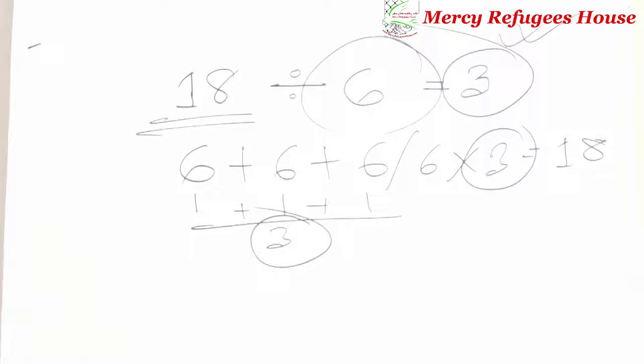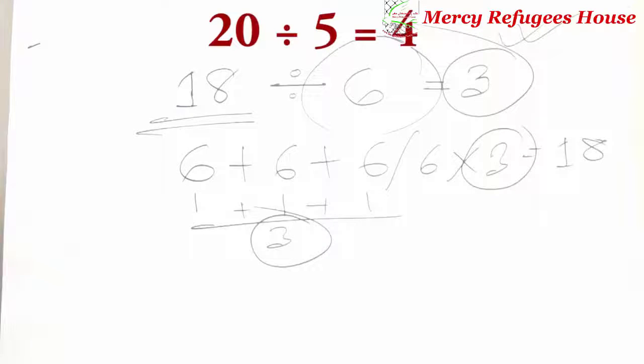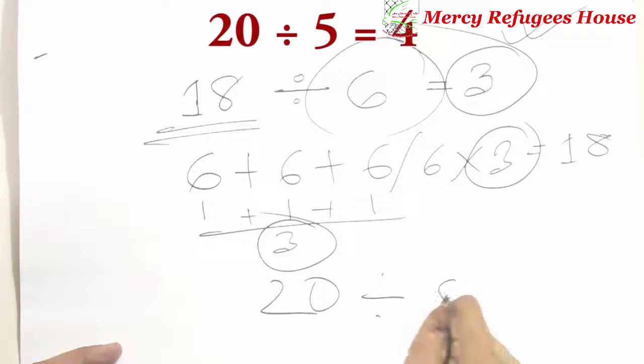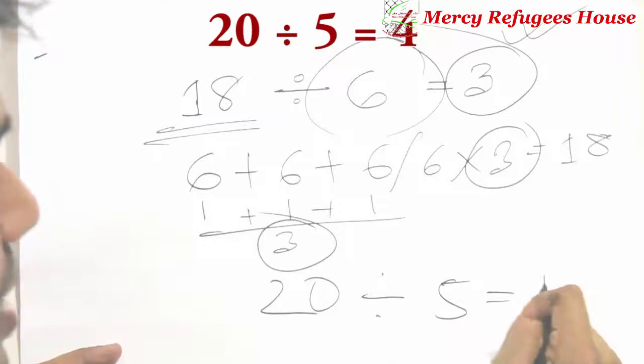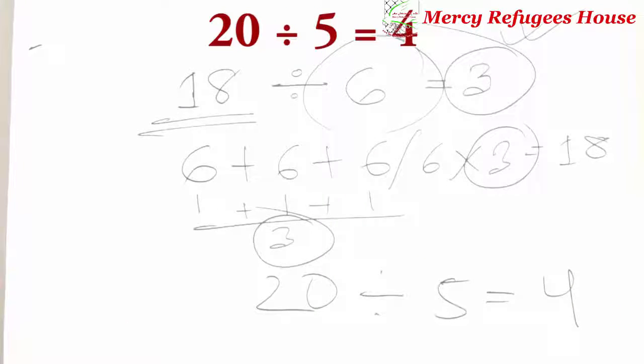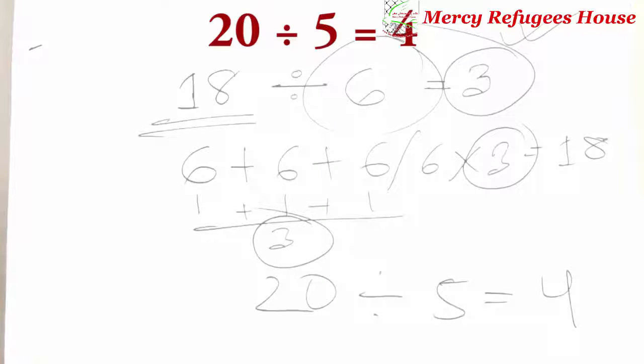The next example is showing that 20 divided by 5. See, here you are getting 20 divided by 5. So what should be the answer? The answer is 4. We are dividing 20 and the divisor is 5.